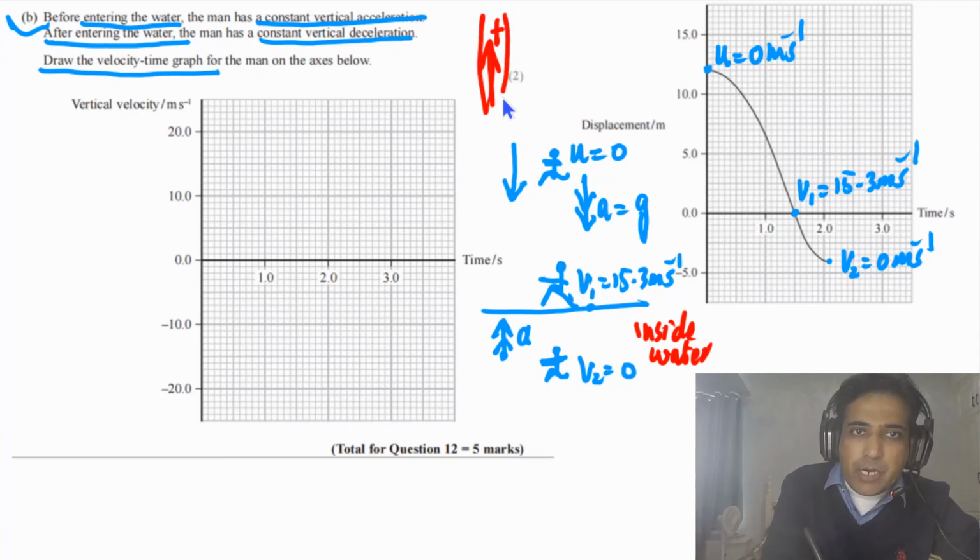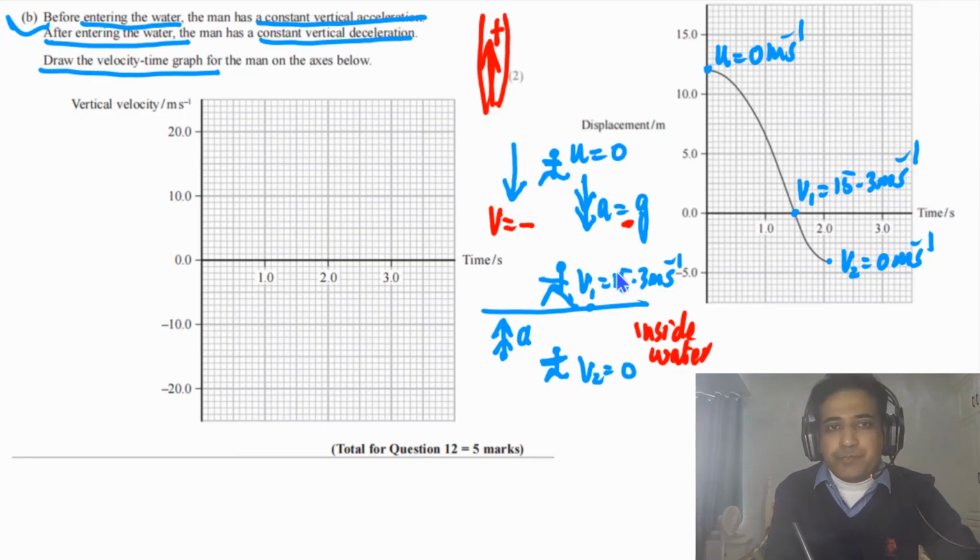So if we take up as positive, the velocity will be negative in this region, and acceleration also will be negative. So we will say a is equal to g, but this has to be negative. So acceleration is negative here, but the acceleration in this region will be positive.